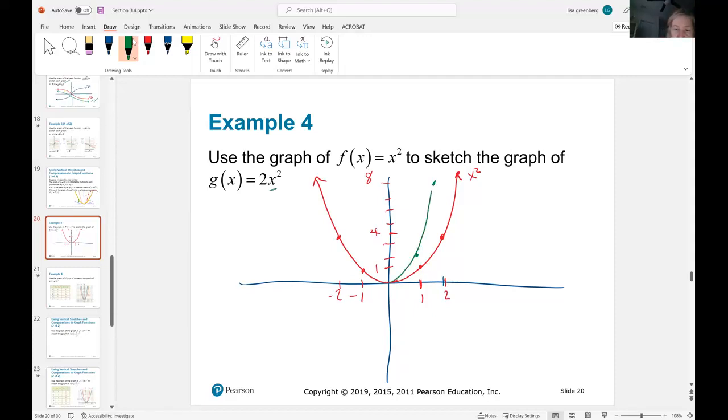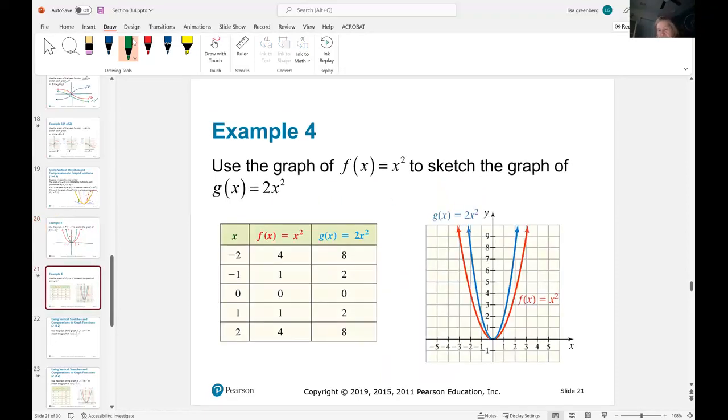So see, all the numbers are being multiplied by 2, so it's getting taller. And this side just is going to match it. Okay. I know everyone says narrower, but narrow is a horizontal term. It's really not the right word.